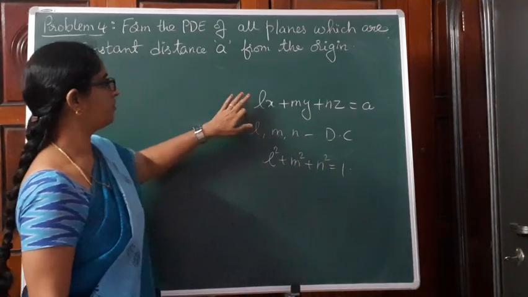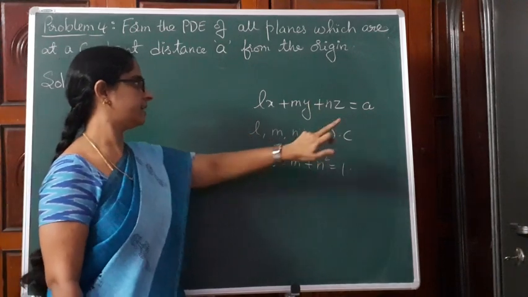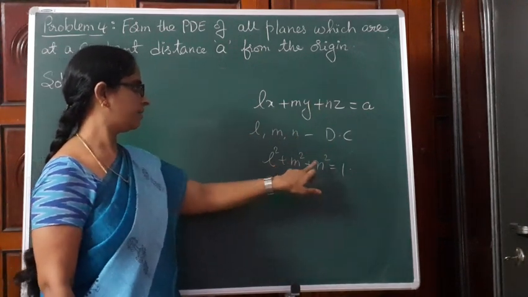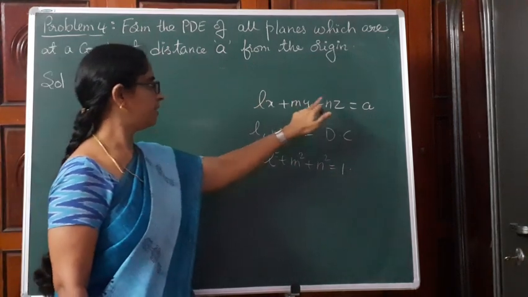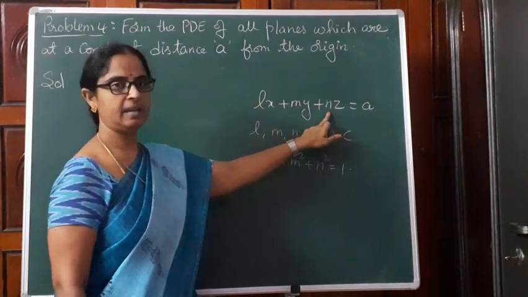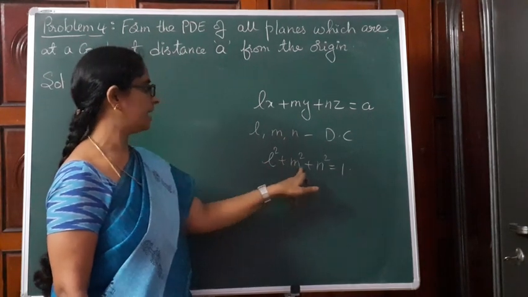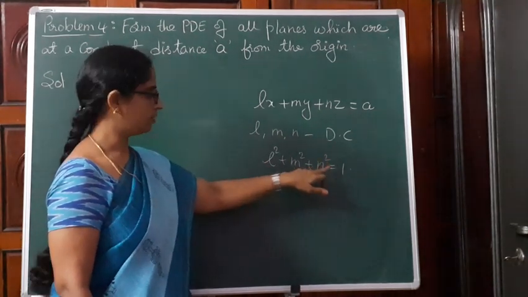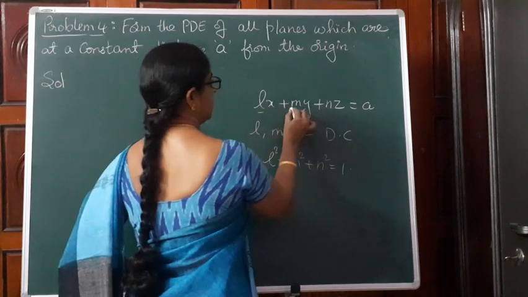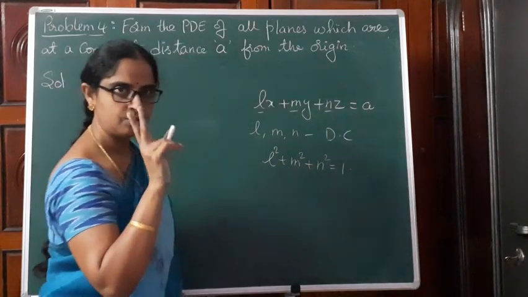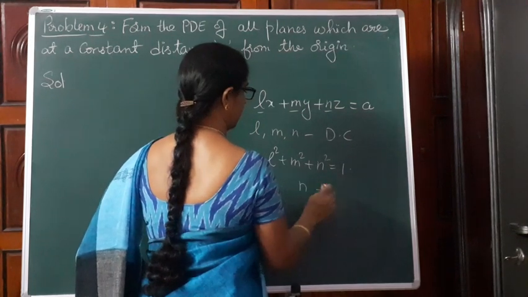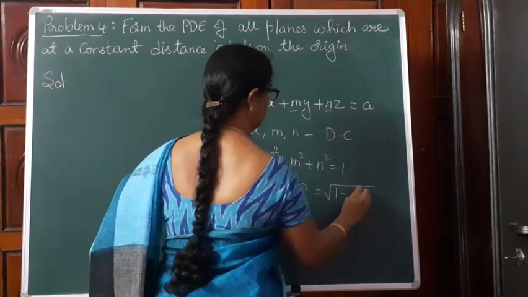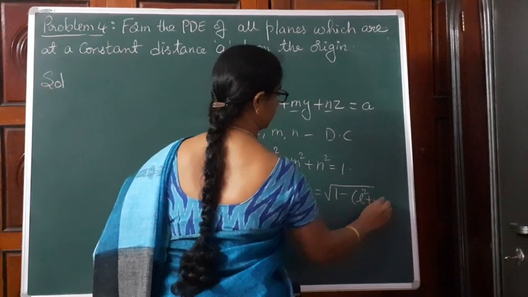So our equation of plane is lx plus my plus nz is equal to a, where l square plus m square plus n square is equal to 1. Even though we have 3 arbitrary constants l, m, n here, we have a relation between l, m and n, so these 3 arbitrary constants can be reduced to 2. Here we write n as square root of 1 minus (l square plus m square).